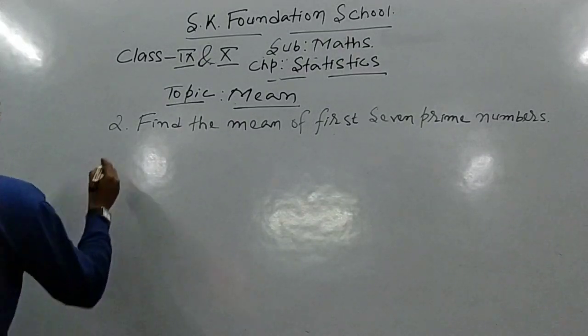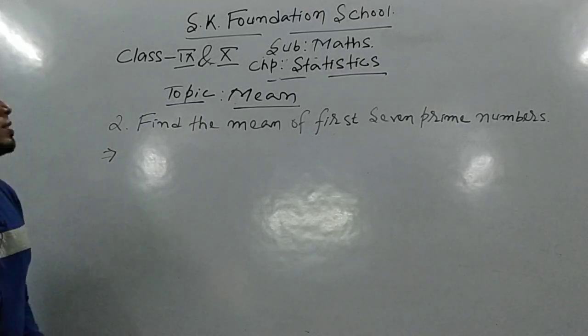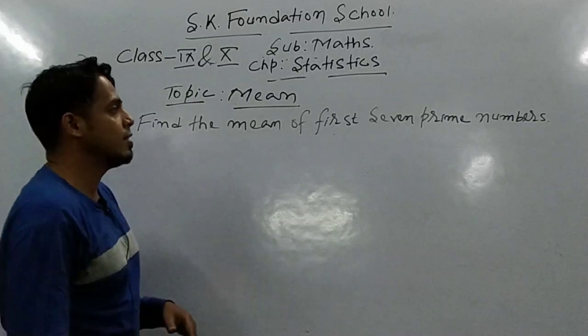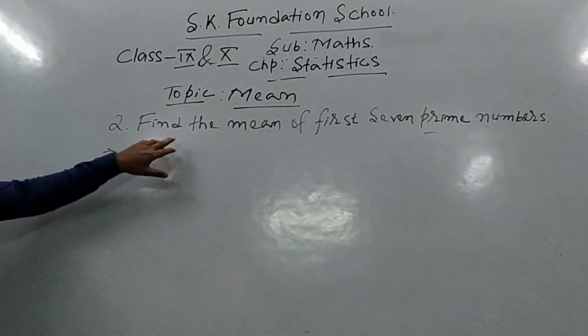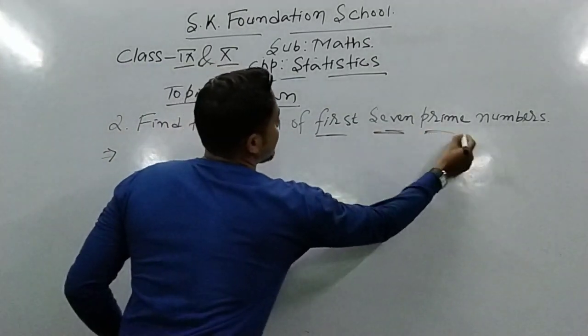So what are prime numbers? Prime numbers are numbers which are divisible by 1 and itself. These are called prime numbers.